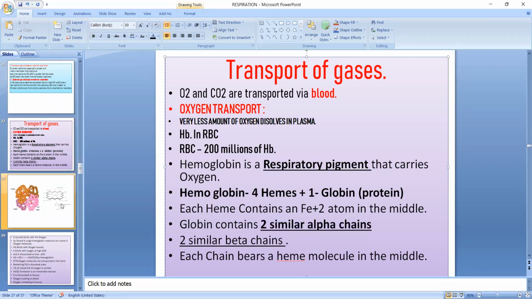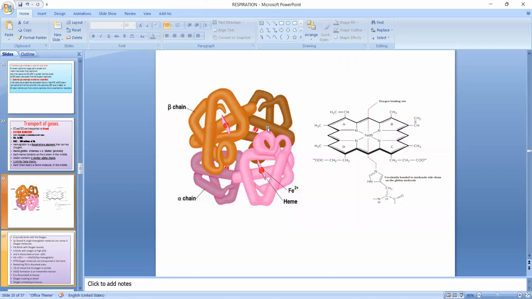Now let's go to the diagram. This is the structure of a hemoglobin molecule. Observe carefully. These brown color polypeptides, there are 2 beta polypeptides. It is the quaternary structure of globin protein, including heme. So this is hemoglobin actually.